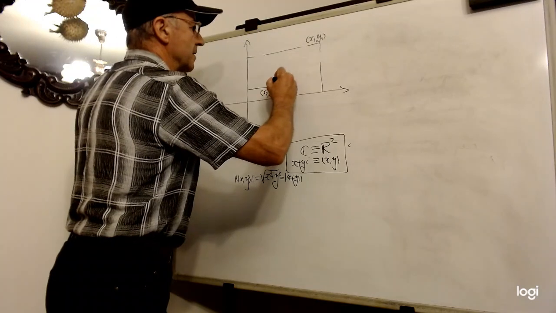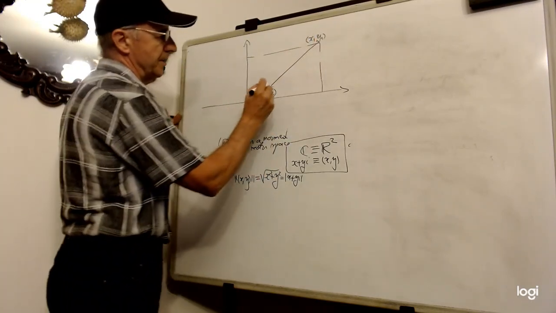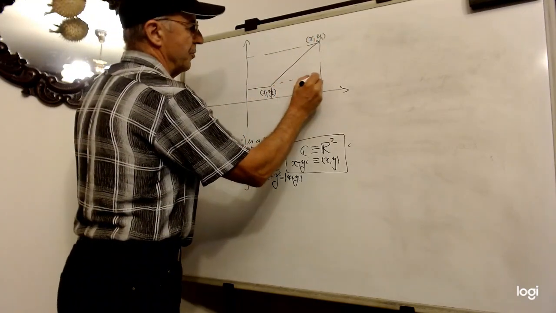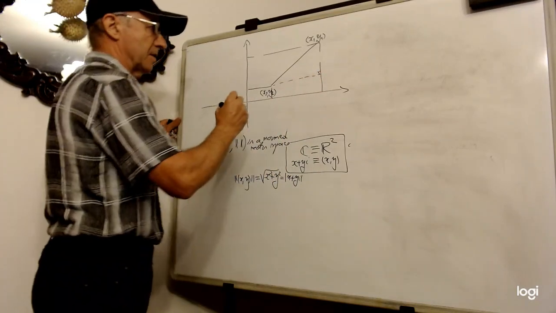Then the distance between the 2 points can be easily computed by using this right triangle.